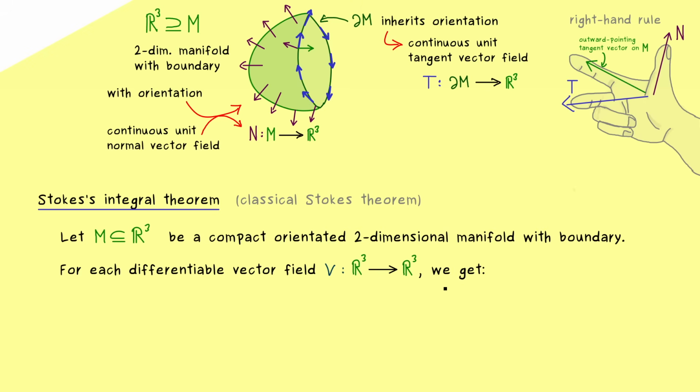And in addition to that, we need a smooth vector field, which we can call V, and let's say it's defined on the whole space R3. And then, as you might already know, we get an identity concerning two integrals.